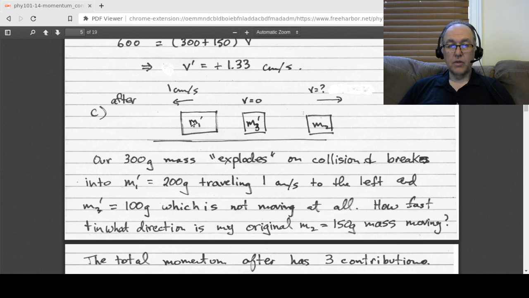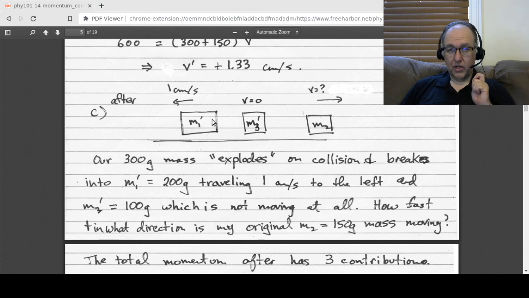So the 300 gram mass actually breaks into a 200 plus a 100 gram. After the explosion, the 200 gram piece is moving to the left at 1 centimeter per second. The 100 gram chunk is just sitting there at 0 velocity, and I want to know how fast that 150 gram piece is moving. Let's answer that.